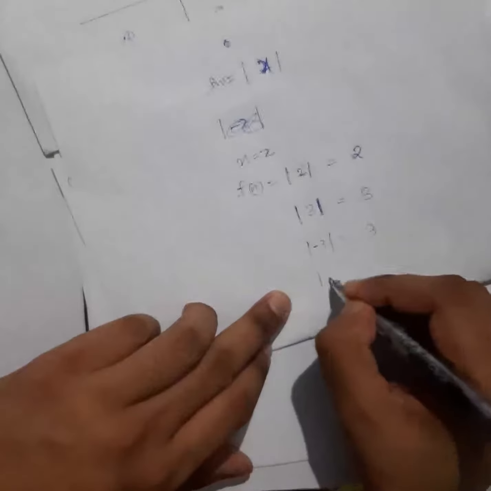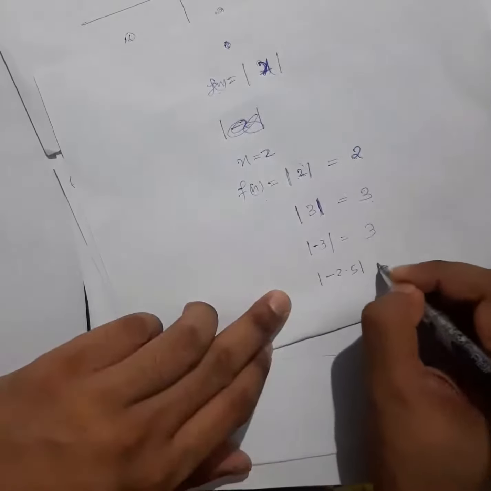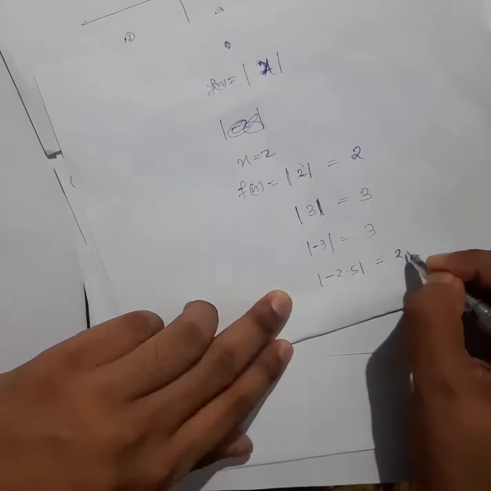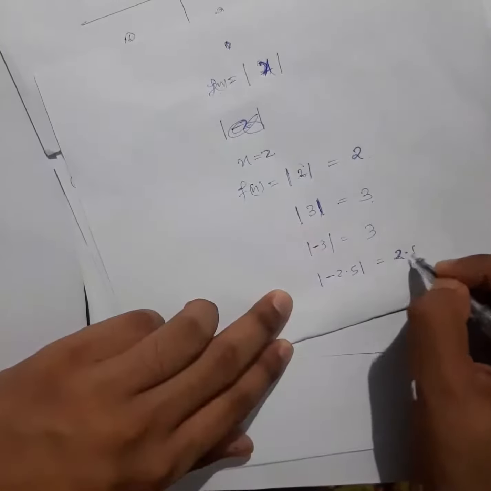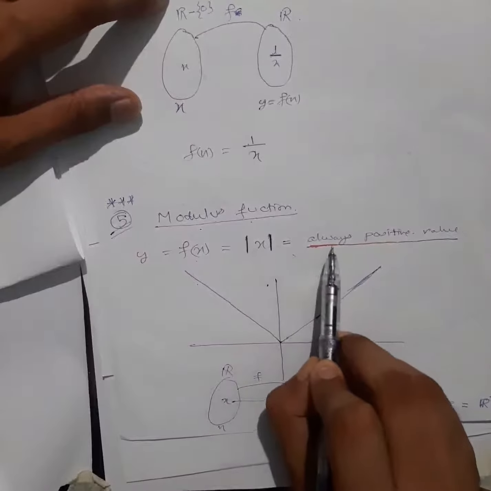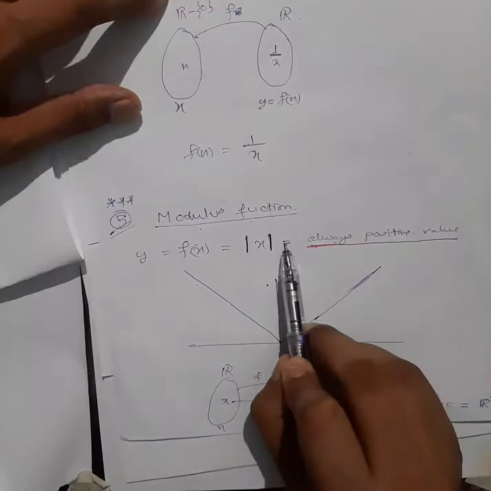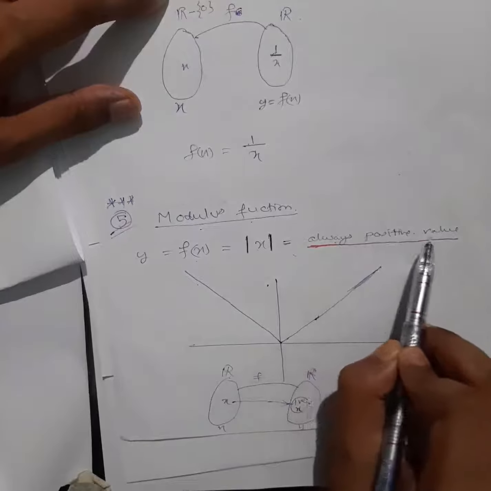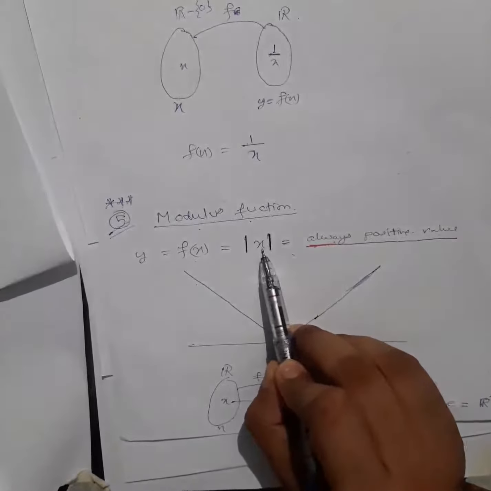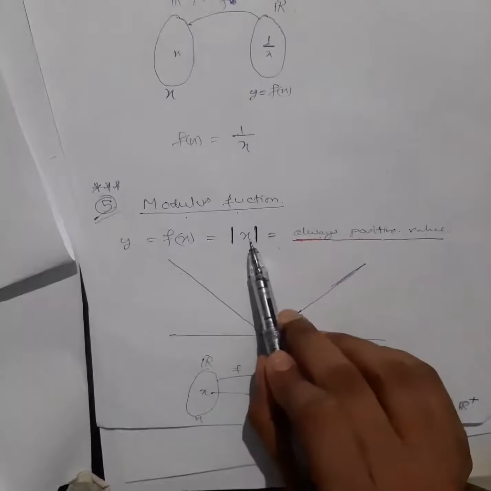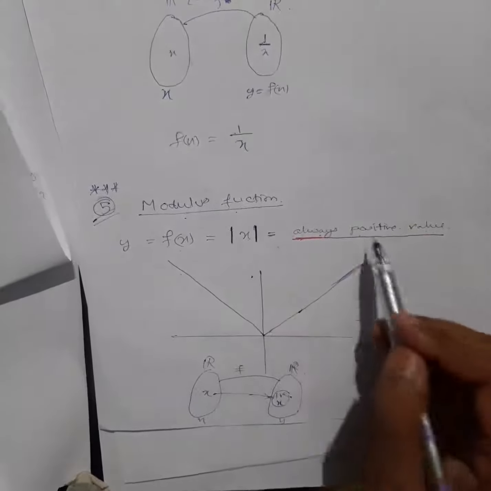If it is -2.5, then also it will be positive 2.5. That's why modulus function is nothing but always positive. Whatever your x is, if it is negative, the output will be positive, and if it is positive, the output will be positive.